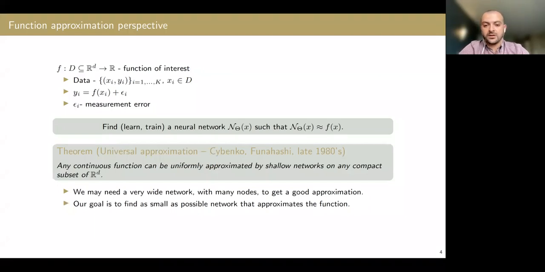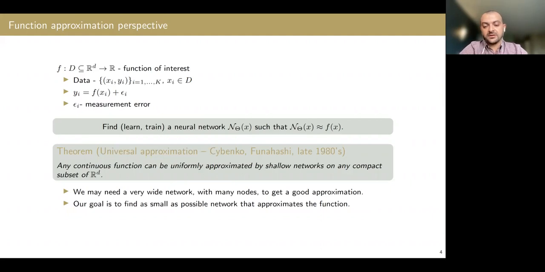Basically, for any epsilon, in any compact set, we can find a neural network which approximates this function. But the main issue here is that we may end up needing a really wide network. Wide in the sense that the number of these computational units may end up being really, really large if your function is not well behaved.